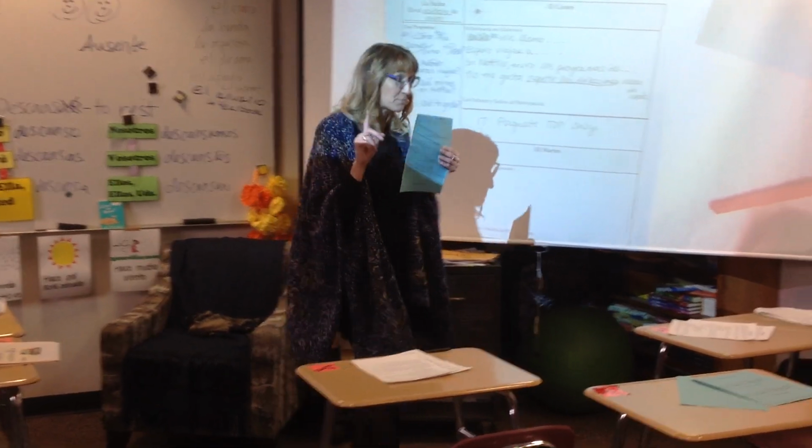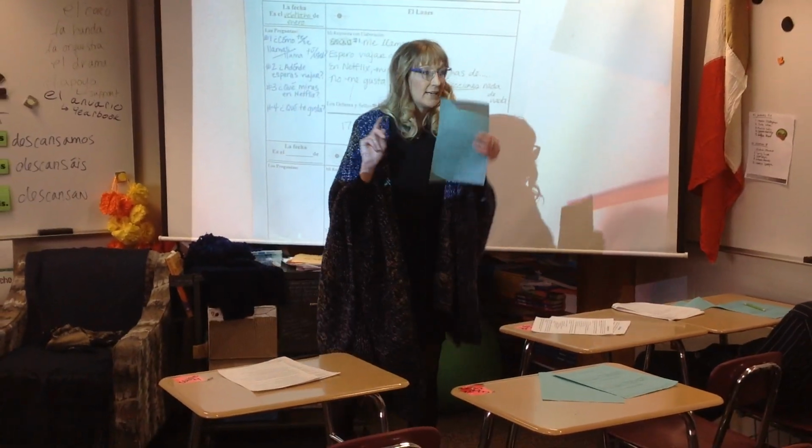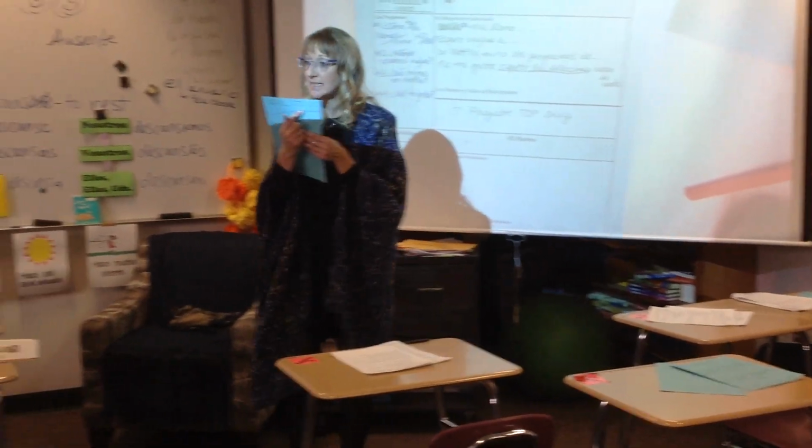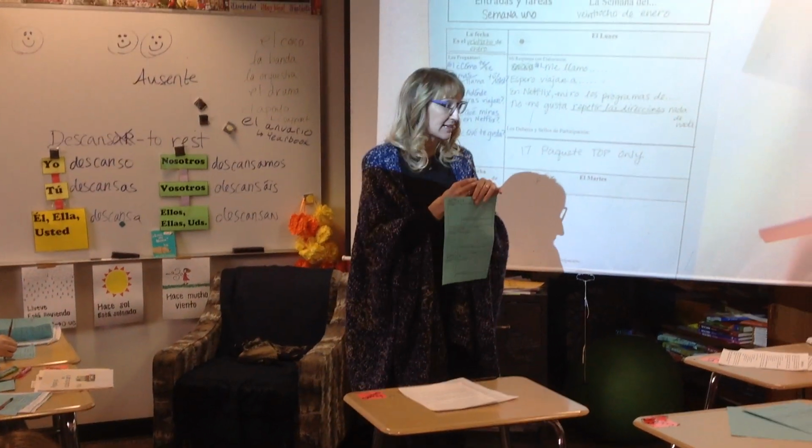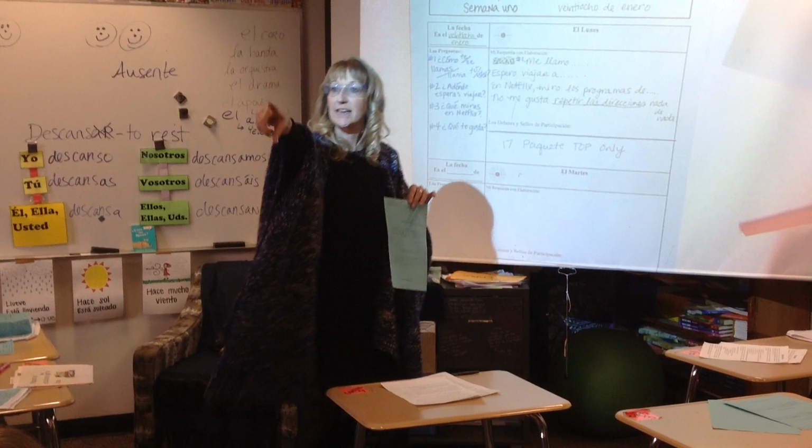That way I don't give him 50% for everything, yes? He'll write ausente on the top of his sheet. He's going to attach any of that week's homework assignments that he needs checked off, and he's going to turn it into the late makeup folders that are on the wall. Is that reasonable for everybody? Totally on board with that?